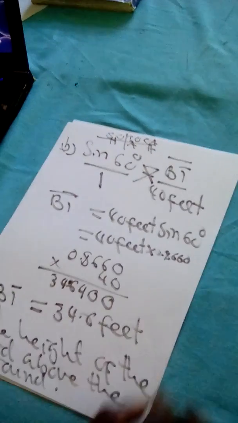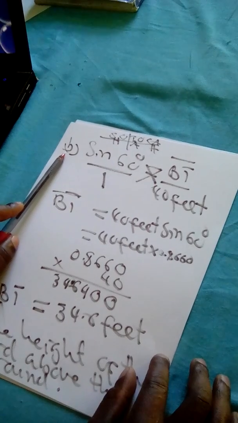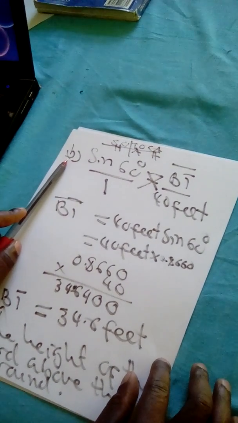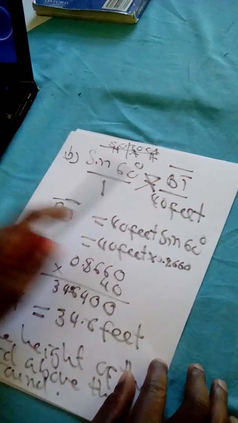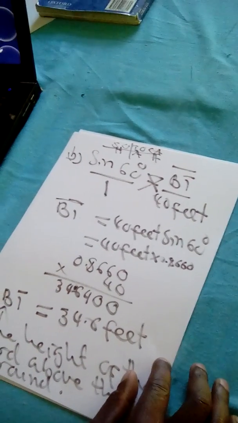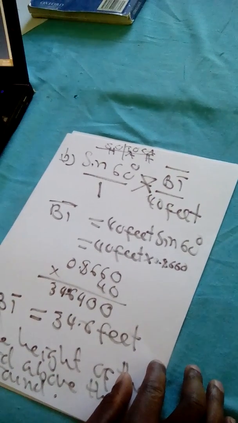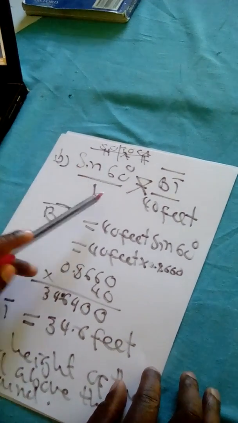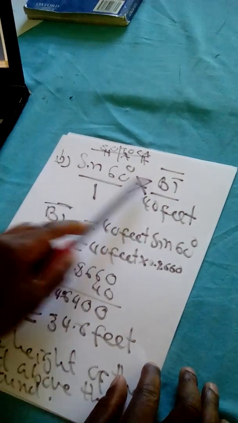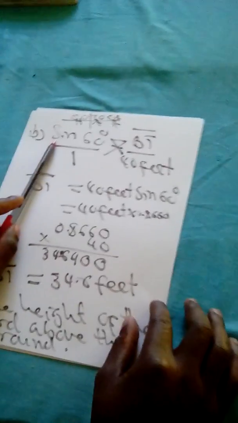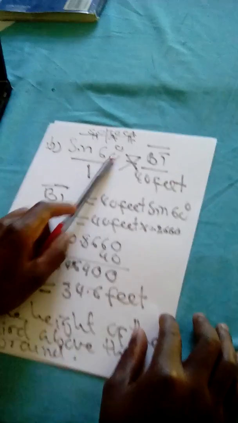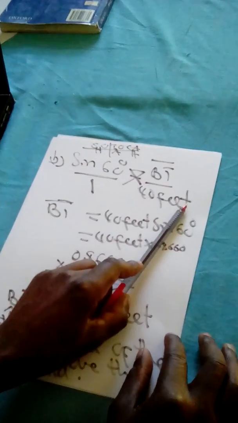In the second case, where we want to find the height of the bed above the ground, we will use the sine ratio. In this case, we'll have sine of 60 equals BT over 40 feet.